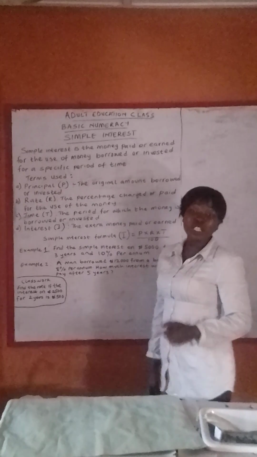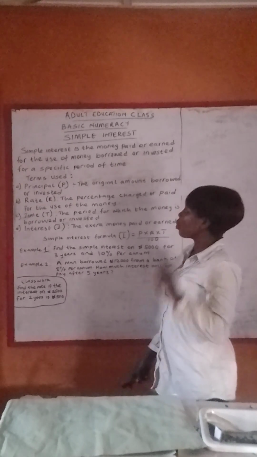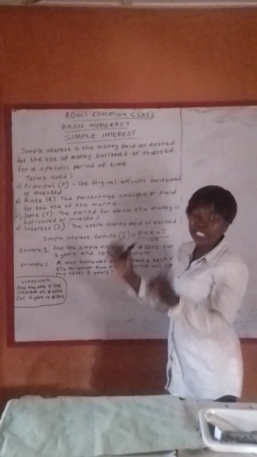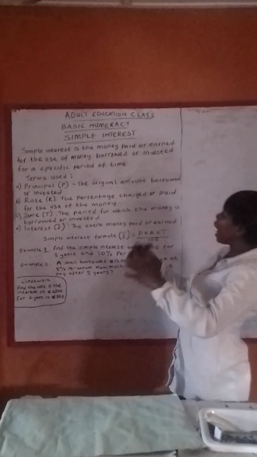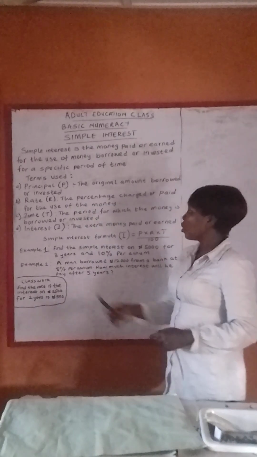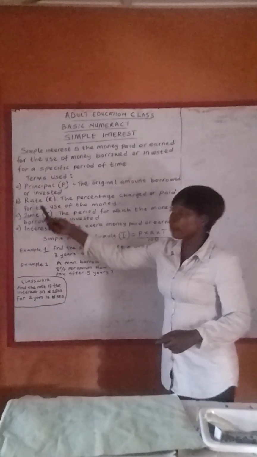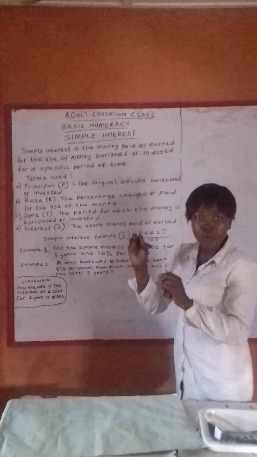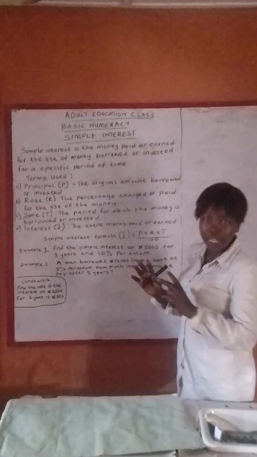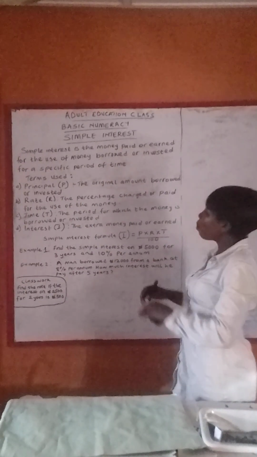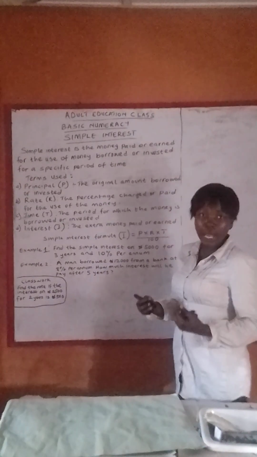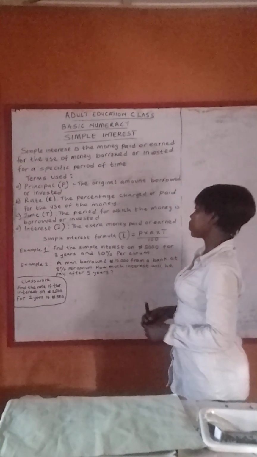The first term is the principal, which we denote as P. This is the original amount borrowed or invested. We have rate, and we use R to signify it. This is the percentage charged or paid for the use of a particular amount of money.